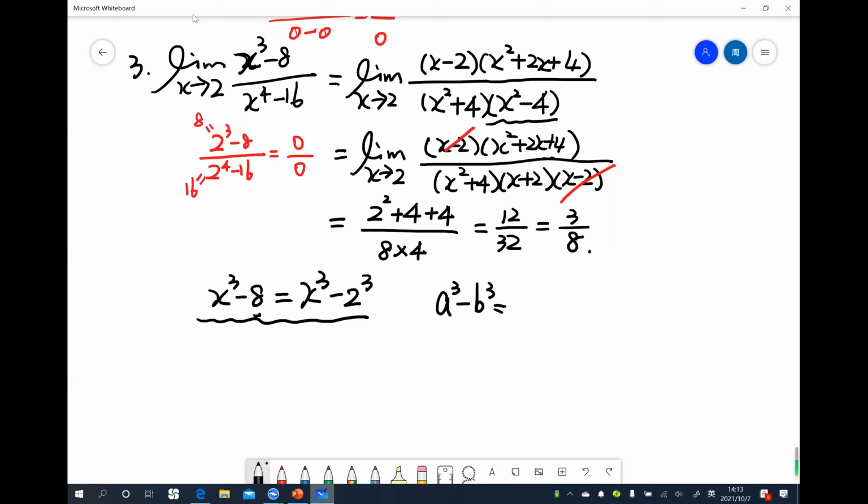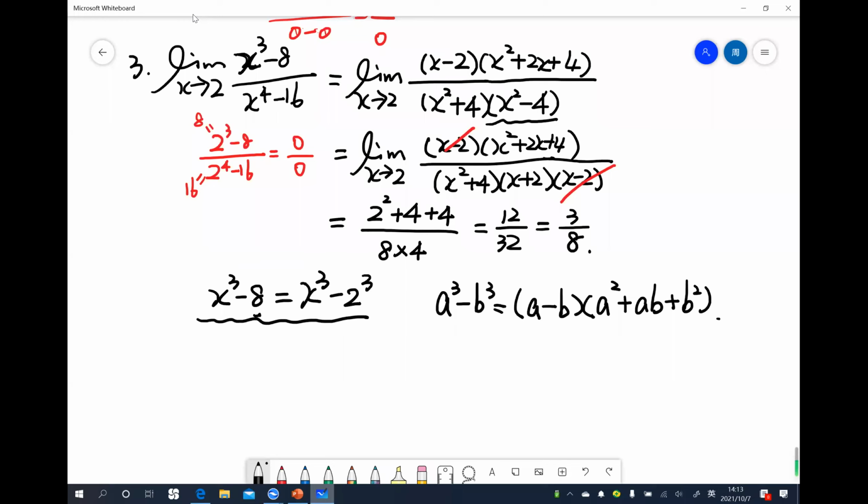Does somebody know the formula for this kind of function, how to rewrite it? Yes, right? So a power 3 minus b power 3 can be written as a minus b times a squared plus ab plus b squared.